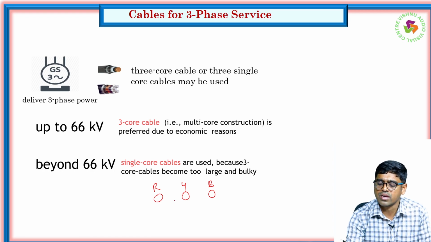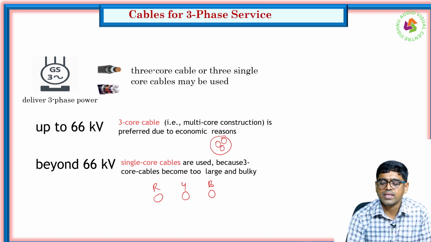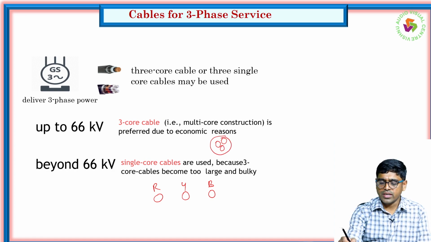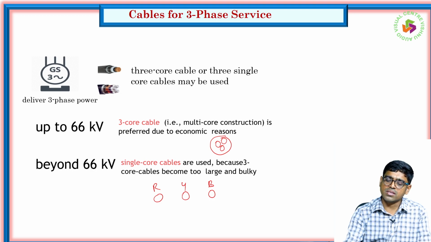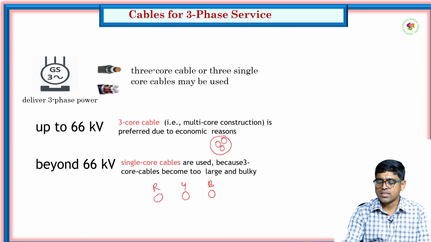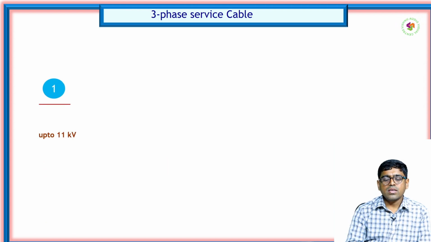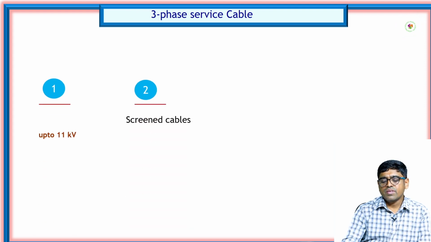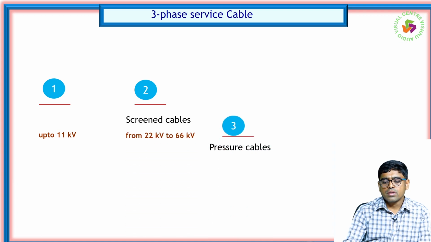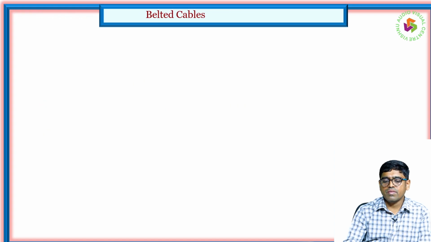Up to 66 kV, all these phases can be placed in one cable, so we recommend the 3 core cable up to 66 kV, and the single core cable for transmission lines beyond 66 kV. Next, up to 11 kV 3-phase services, we can use screened cables, and from 22 to 66 kV pressure cables.